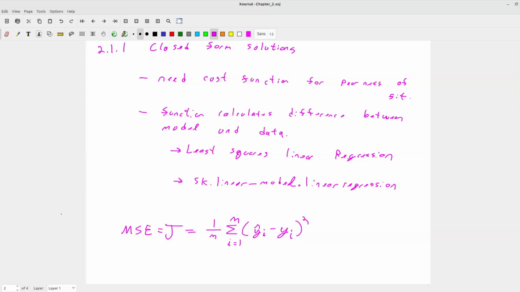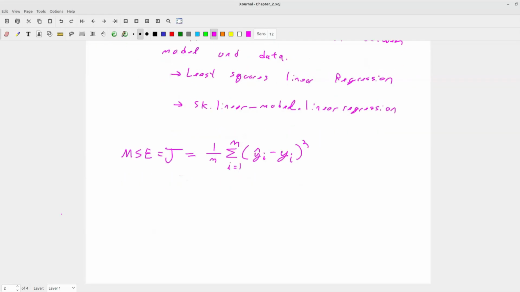We like to express this in machine learning as something that looks more like this: mean squared error, which is a function of our capital X, the bold X, that's our matrix, and of our parameters theta. That just means I want the mean squared error of all of my data X, and for that, I need to find my parameters theta that help get me the best model, right?